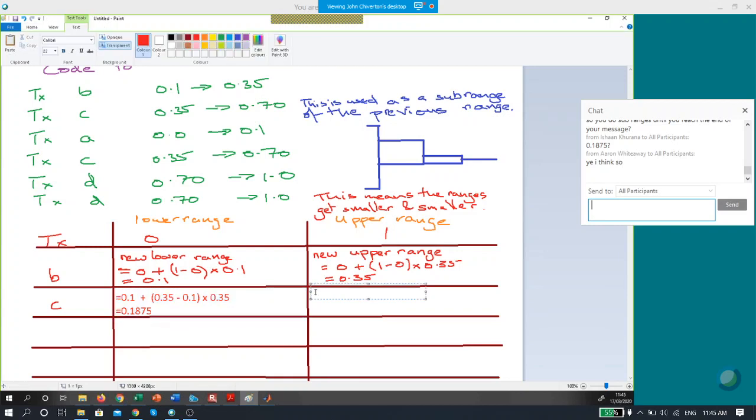Okay, right. So let's do the same over here, but for the upper values. Okay, so this one was 0.7, wasn't it? And it's coming out to 0.275.